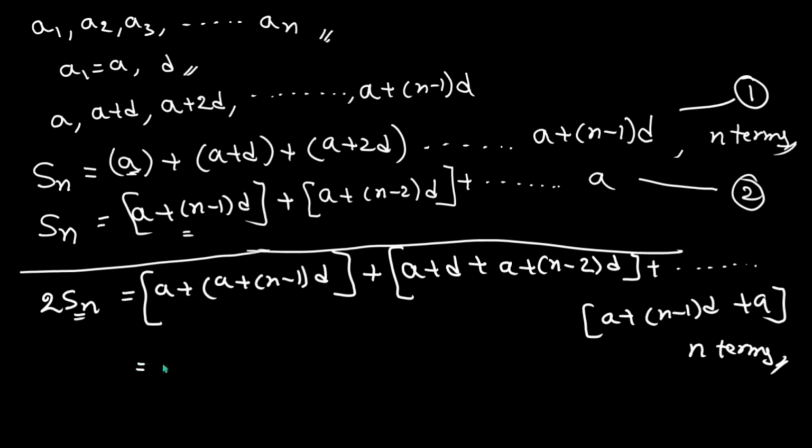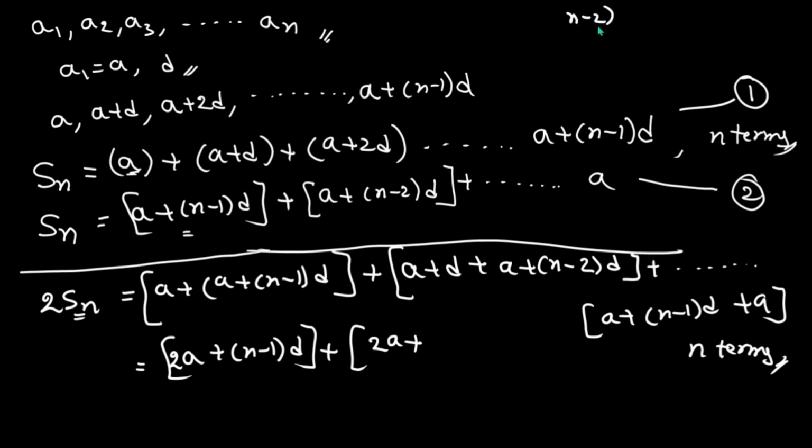So it is equal to, I'm just simplifying the bracket here. So here A plus A is equal to 2A plus n minus 1 into d, right? Plus, if we simplify this one here, a plus a is 2a, plus here n minus 1 d plus d. We need to subtract the 1d here.